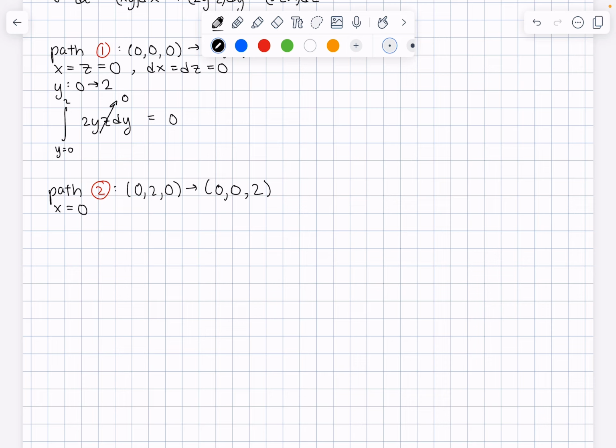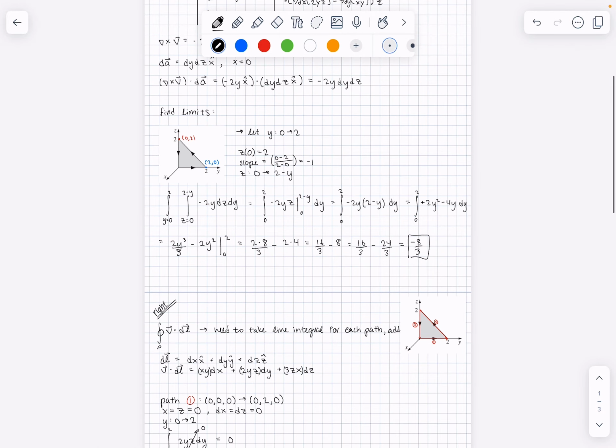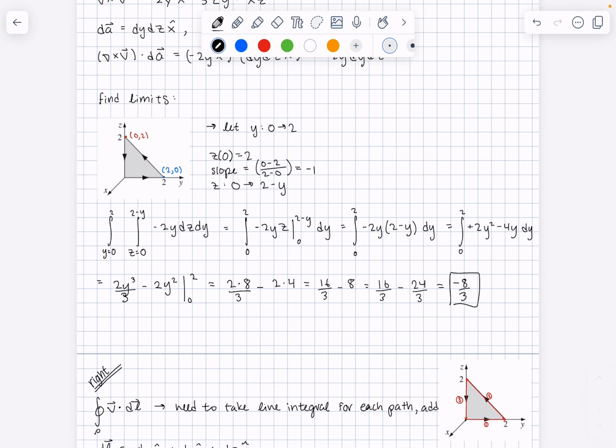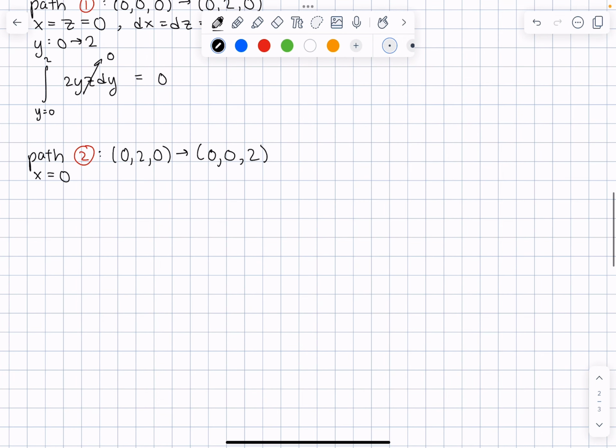However, since we are doing a line integral, we can't have two changing variables like this, so we need to make a function out of one of them in terms of the other, and we can just use what we found above, where we found that z goes from 0 to 2 minus y. We can just say here that our x equals 0, our z is going to be equal to 2 minus y.